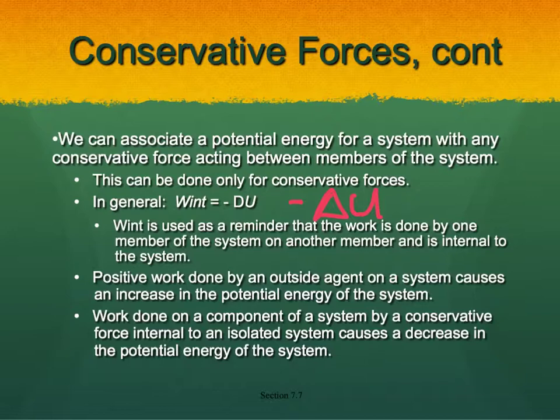Like we saw for gravity as a conservative force, remember that if we throw a ball up into the air, on the way up it would be a negative mgh, just because gravity is acting downward while the displacement is upward. So it has to be a negative because the work being done, they're in opposite directions.